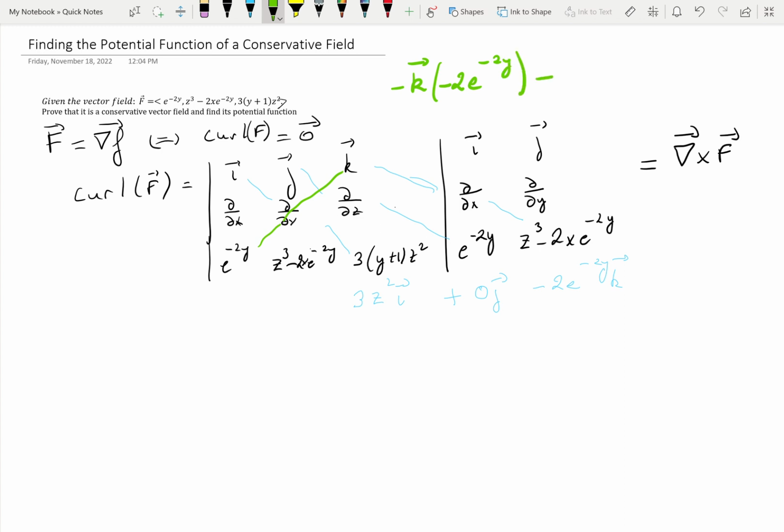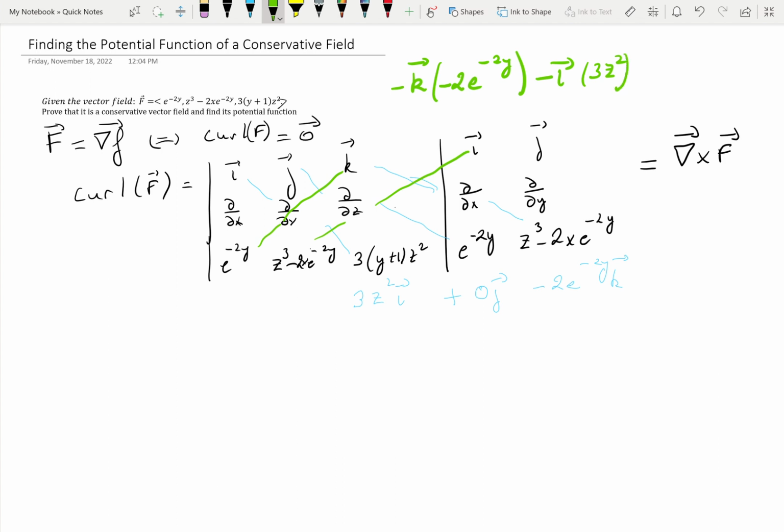Then minus the second anti-diagonal, which is i times the partial with respect to z of z cubed, which is 3z squared, and the partial with respect to z of negative 2x e to the negative 2y. Because there's no z variable, this is just a constant, and the derivative of a constant is 0.